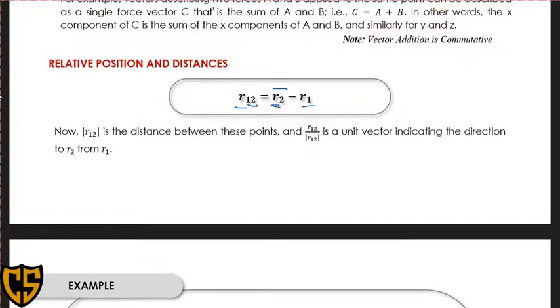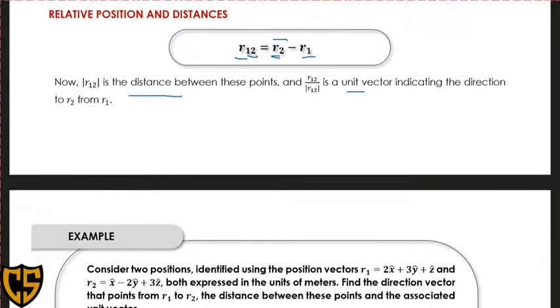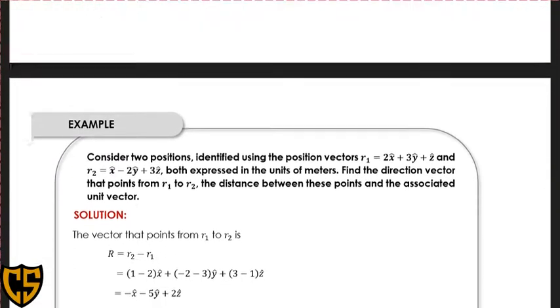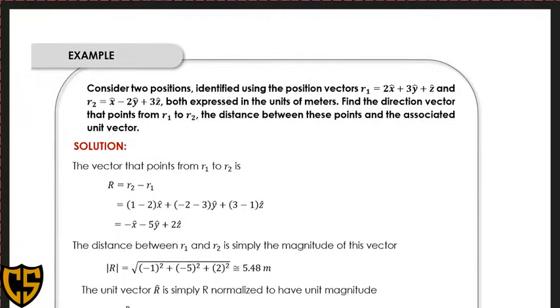So ang ina dahil ni nakuha mo nga value, that is your distance halin sa mga points. Then ano dayon ang another nga pwede natin makuha? So pwede natin makuha ang value of your unit vector. That is indicating the direction of your R2 halin in reference sa imo nga R1. So example. So let us show this through example.